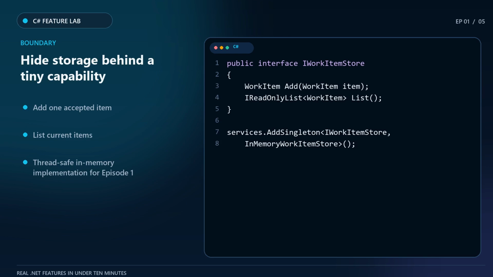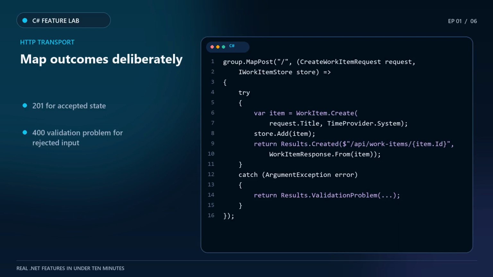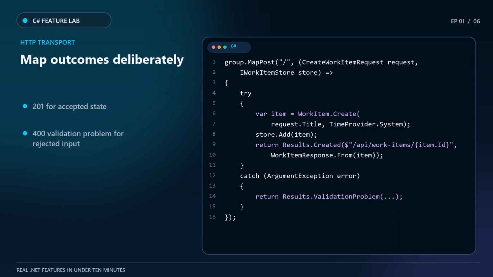This is not our final persistent strategy, and we should say that plainly. The boundary is useful because Episode 2 can replace the implementation with Entity Framework Core while the HTTP contract and business rule remain recognizable. An abstraction earns its keep when a real change crosses it, not because every class deserves an interface.